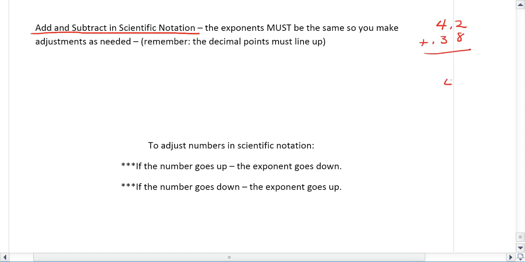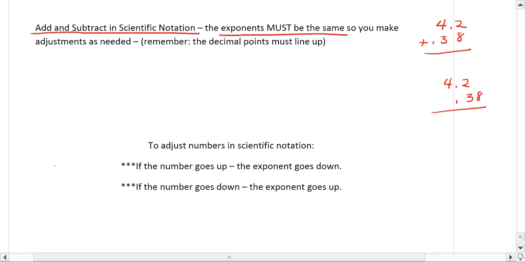You learned that if this is 4.2, you have to line up the decimal points like this. Well, we have to do that in scientific notation, and in order to have the decimal points lined up, you ready for this? The exponents must be the same. So you can't even do an add-subtract problem unless you stop, make the adjustment, make the two exponents exactly the same by doing this adjustment process, and then go ahead and add them.